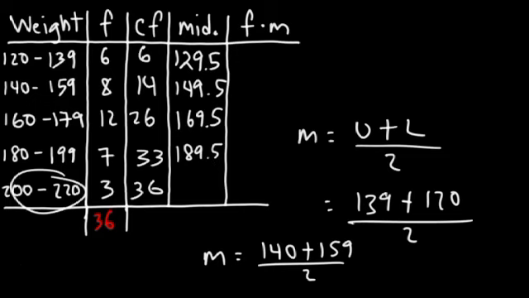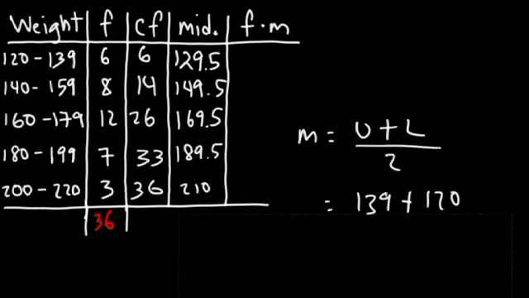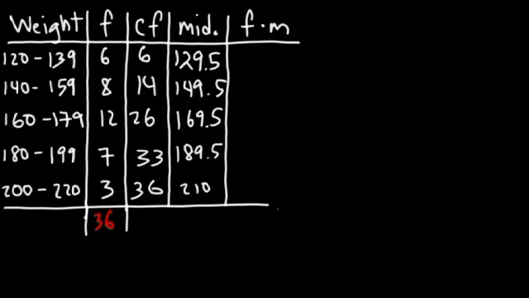Now the midpoint between 200 and 220 is 210. If you add these two, you're going to get 420. 420 divided by 2 is 210. Now let's take the frequency and multiply by the midpoint. So 6 times 129.5, that's 777.